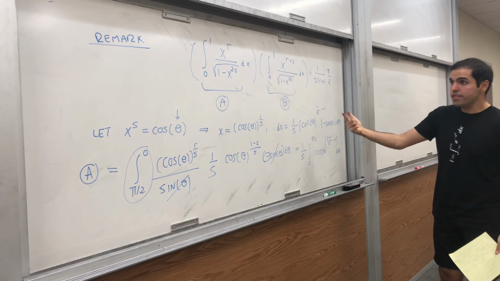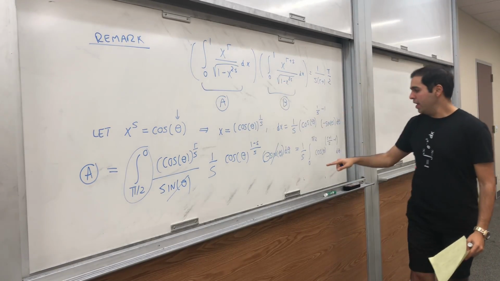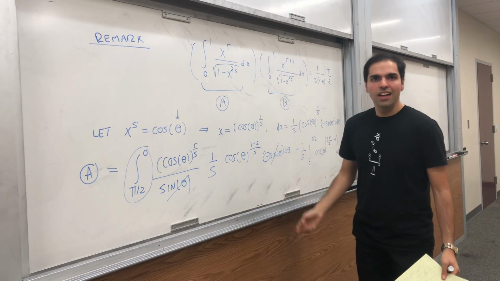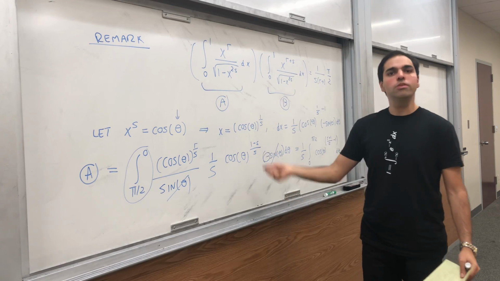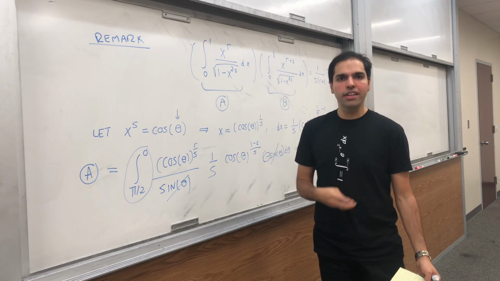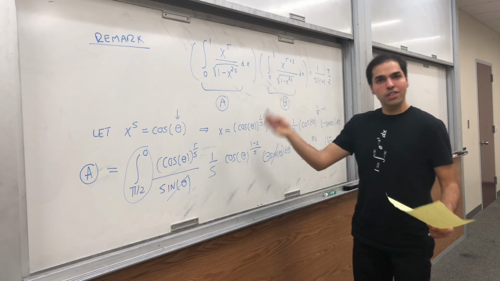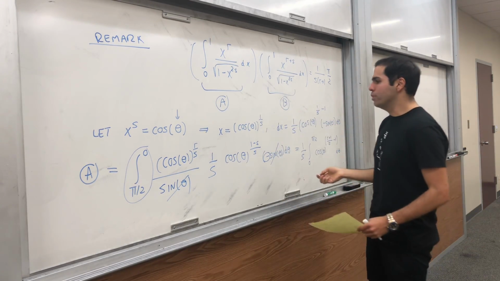So it turns out this integral A is just the integral of a power of cosine, which also brings us back to the seventh way of doing the Gaussian integral using the Wallis way, which involves powers of cosine.